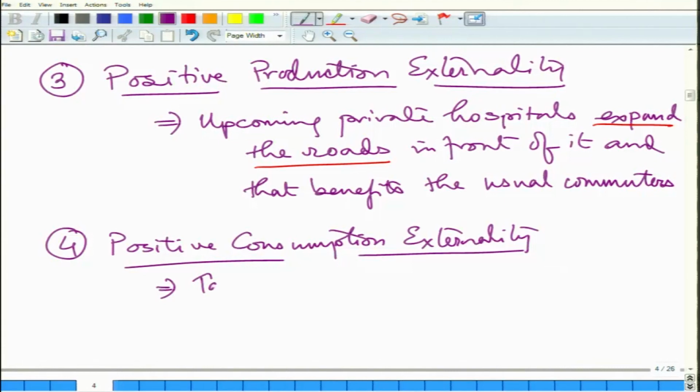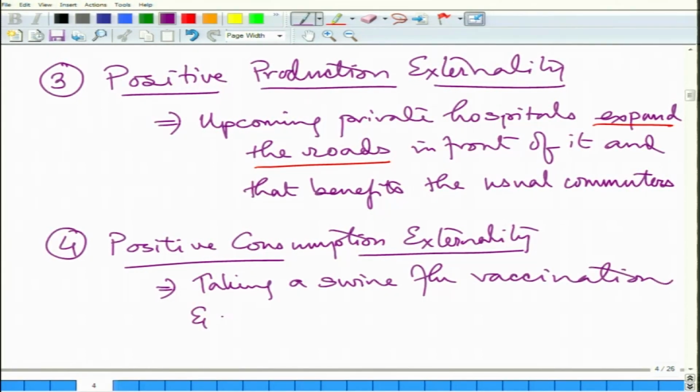So the example is taking a swine flu vaccine as a preventive cause.